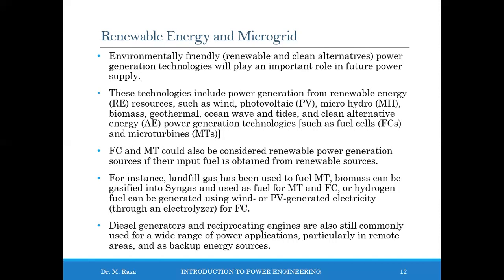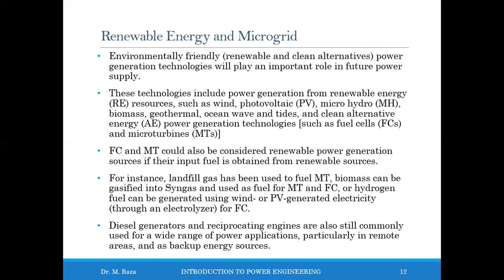Renewable energy generation sources often come in the form of customized distributed generation system in grid connected or standalone configuration. Fuel cells and microturbine could also be considered renewable power generation sources if their input fuel is obtained from renewable sources.